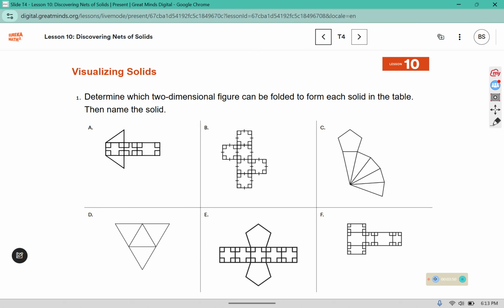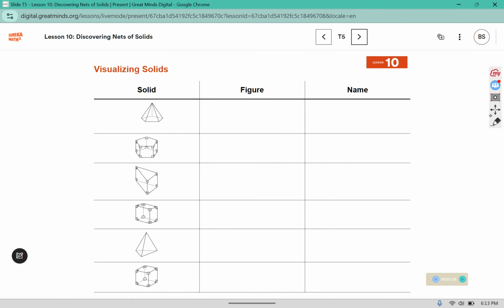Here is a shape with 5 edges, but these would be connected by rectangles. So C is going to form this first solid. A 5-sided polygon is called a pentagon, and since it's connected by triangles, we're going to call it a pyramid.